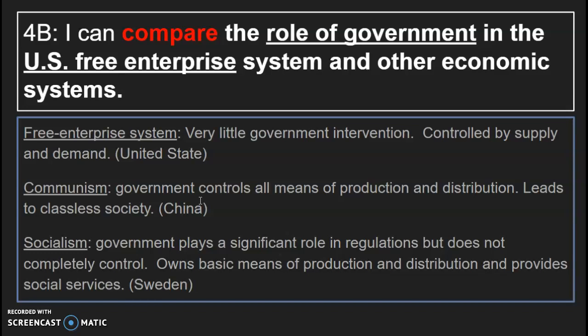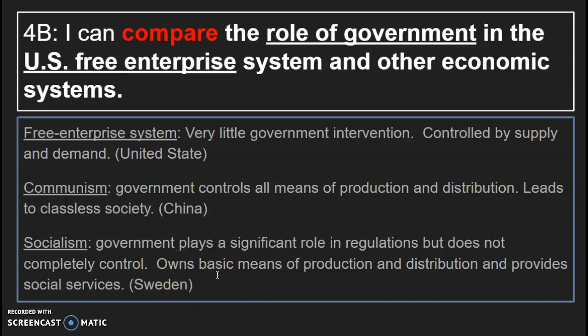In a socialist economy, like I had stated in the slide before this, the government plays a significant role in regulations, but does not completely control the means of production and distribution. They control the basic means of production and distribution and provide social services.